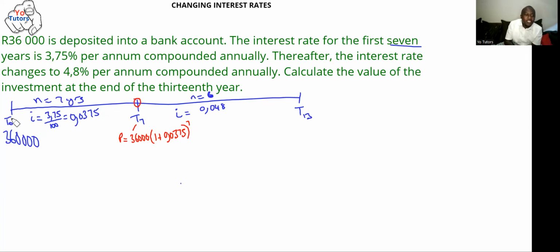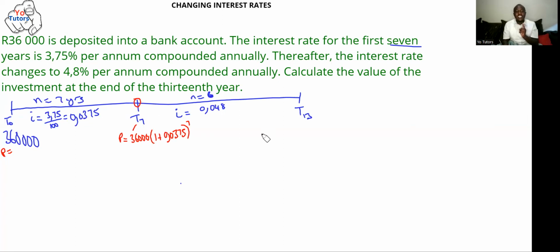The principal amount on T0 is 360,000, but after increasing, the accumulated amount will act as a principal.